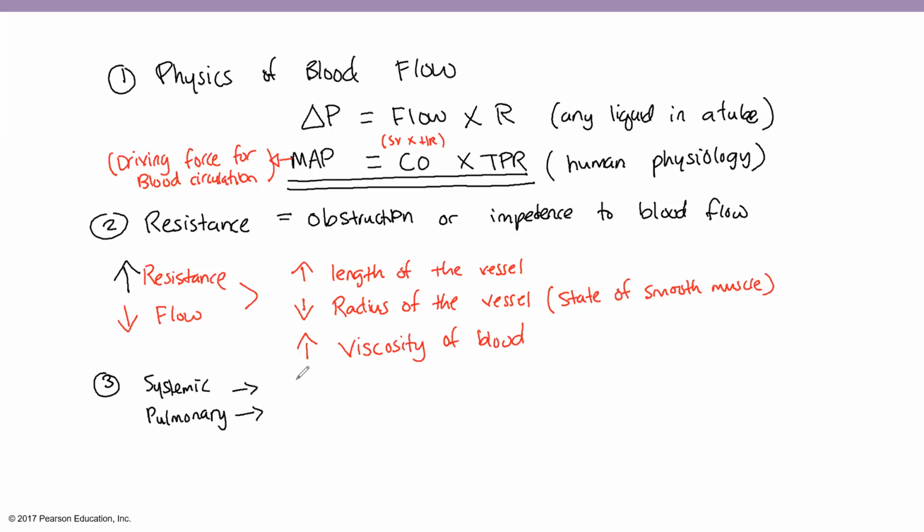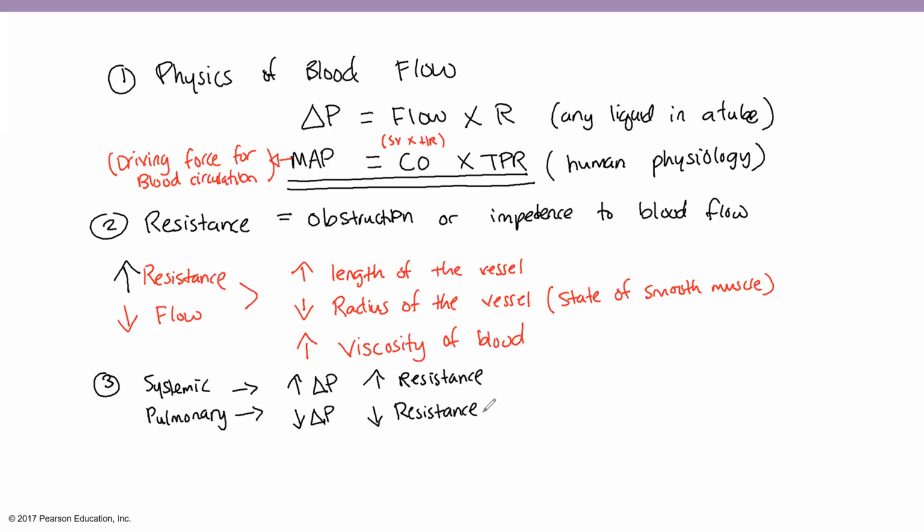In the systemic circulation, we had a high pressure gradient and a high resistance, whereas in the pulmonary circulation, we had a low pressure gradient and a low resistance.